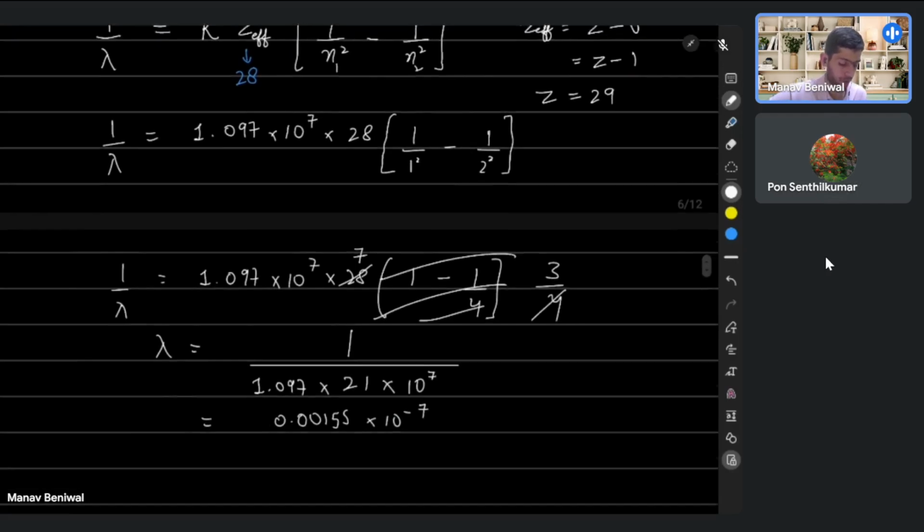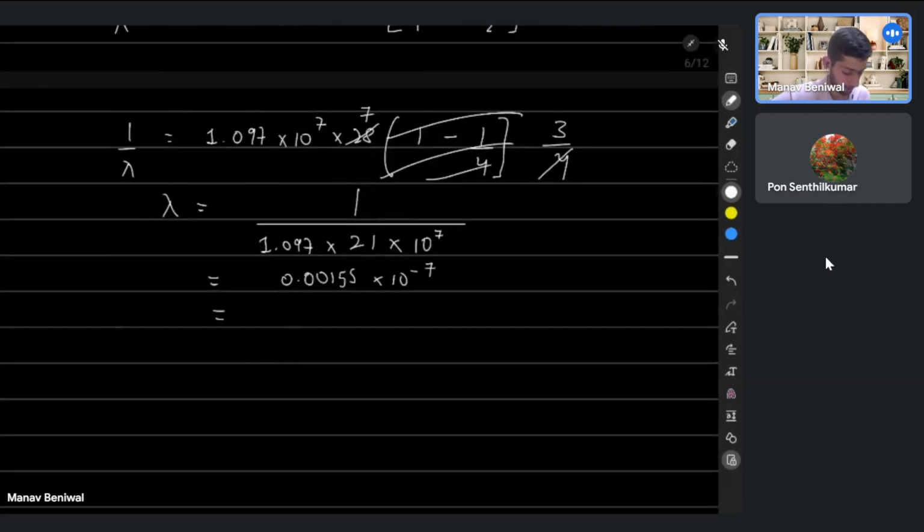And then if we want to write it in terms of angstroms, we can write this as 1.55 into 10 to the power minus 10. So this was meters, and this is angstroms.